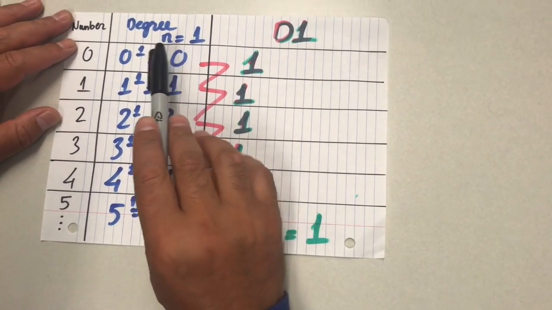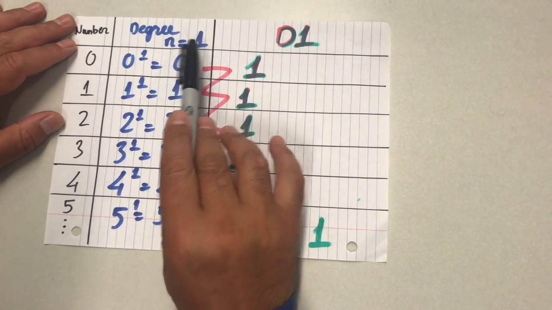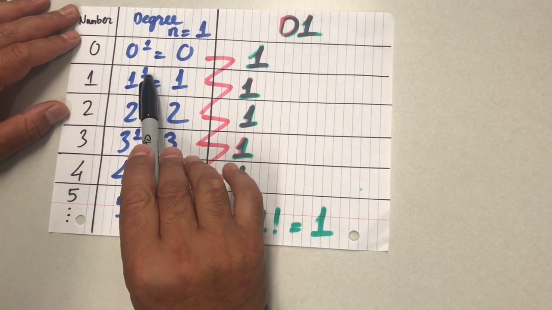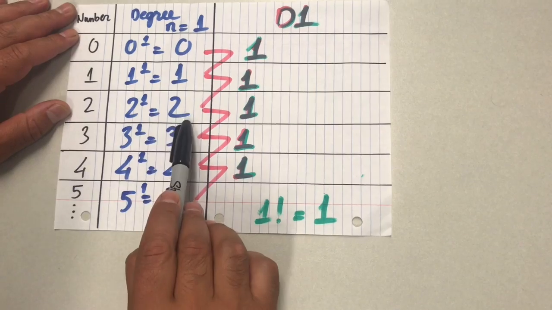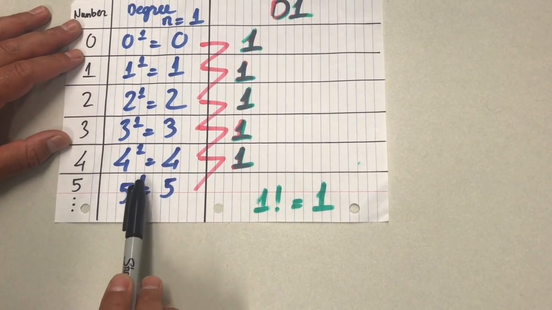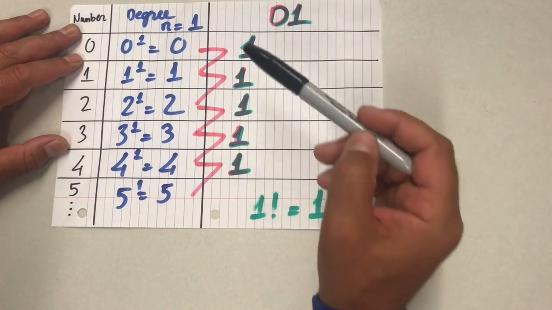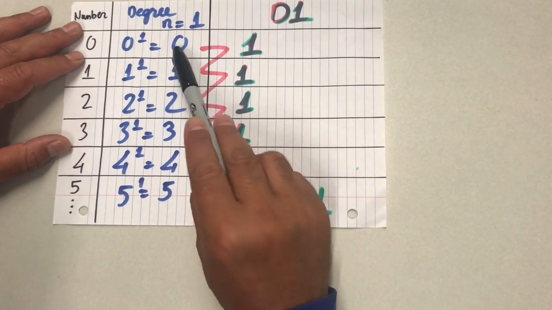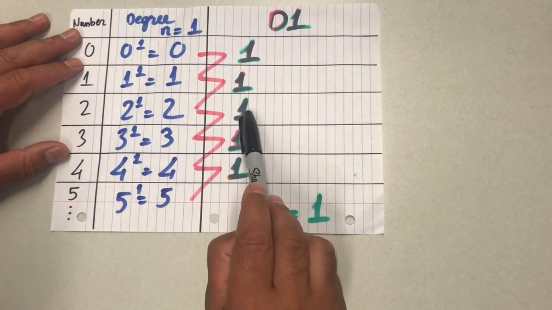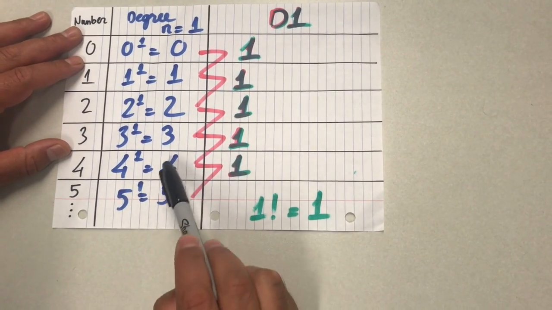Okay, let's see when the degree of n equals 1. So 0 to the power 1 is 0, 1 is 1, 2 is 2, 3 is 3, 4 is 4, 5 is 5. Let's take the differences: 1 minus 0 is 1, 2 minus 1 is 1, 3 minus 2 is 1, 4 minus 3 is 1, 5 minus 4 is 1.